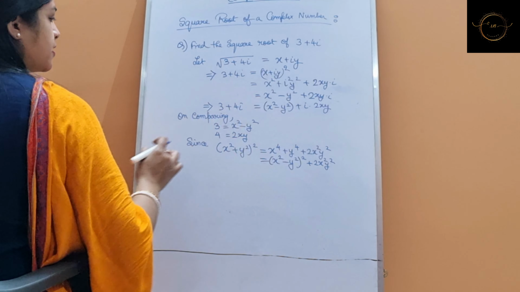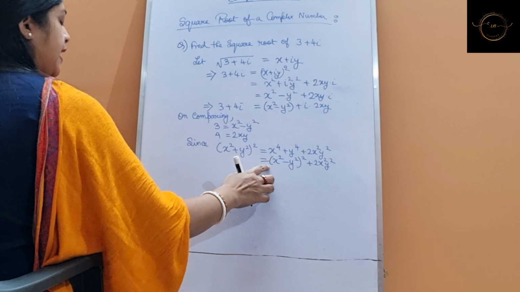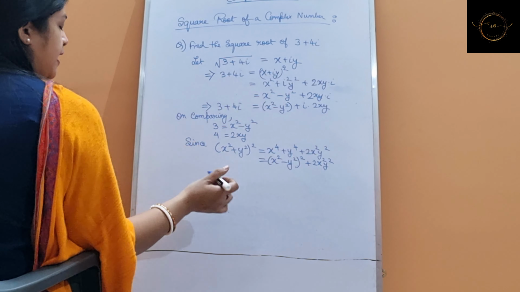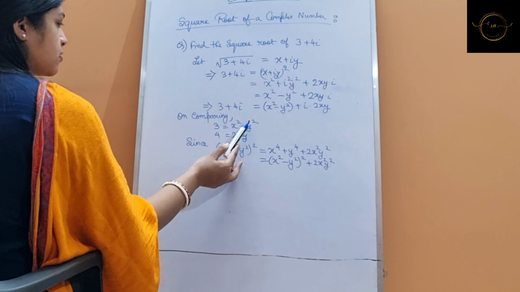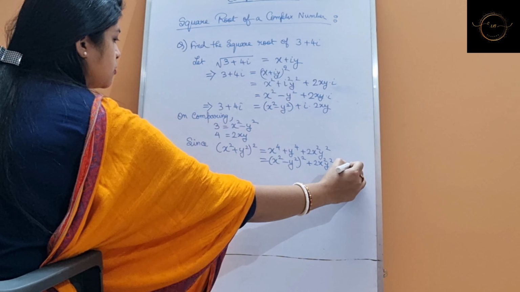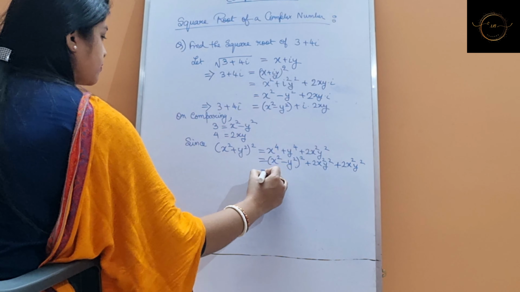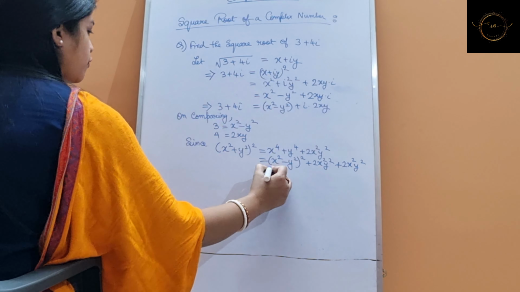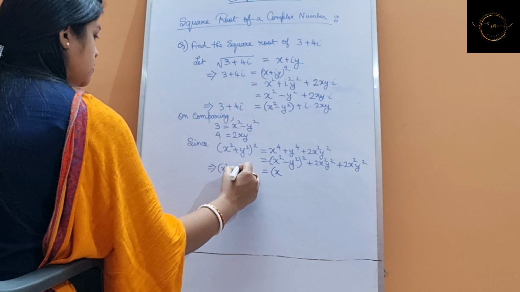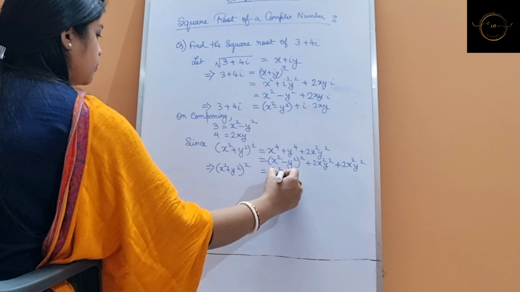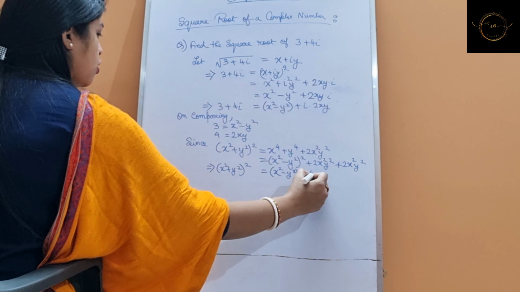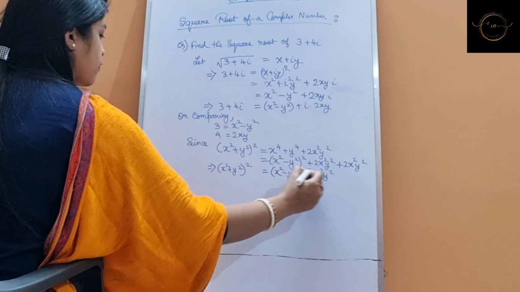We take the minus sign formula because a minus value is given in this question. So x square plus y square whole square equals x square minus y square whole square plus 4x square y square.